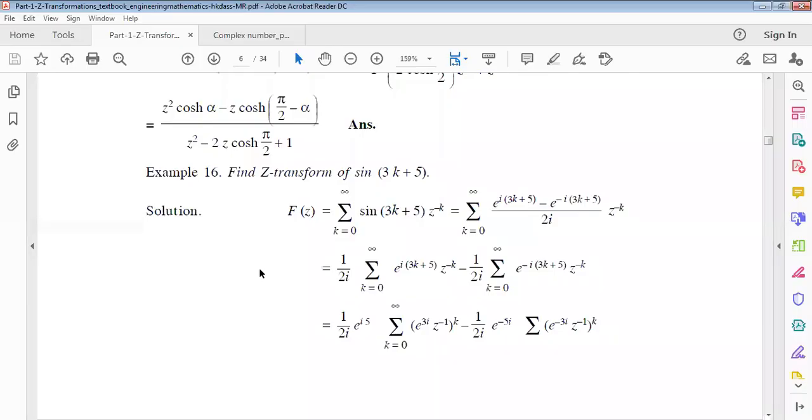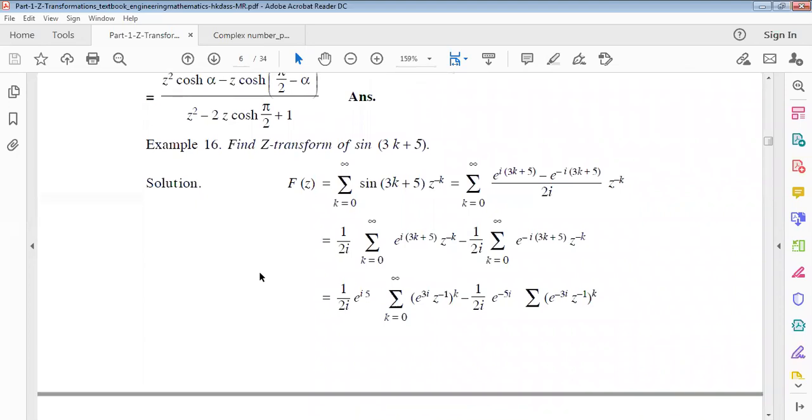Now similarly, example 16: find the z transformation of sin(3k+5). By the definition, we can write the sum for k equals 0 to infinity. For sin theta, the formula in exponential form is e to the power i theta minus e to the power minus i theta divided by twice i, right?